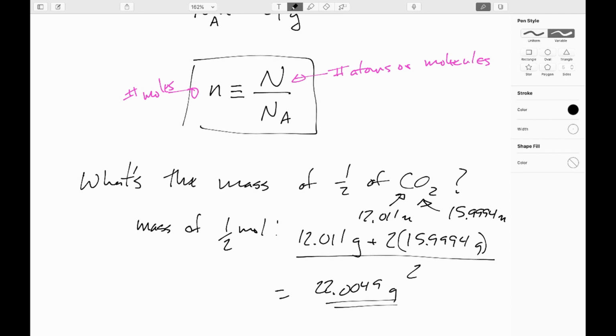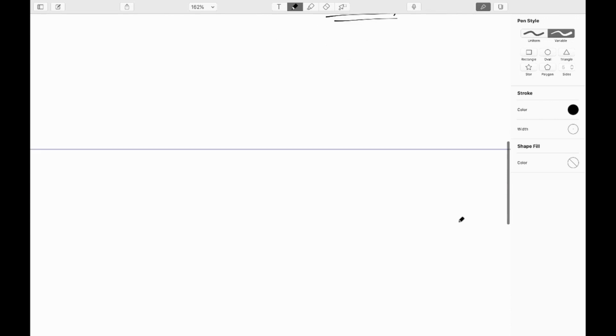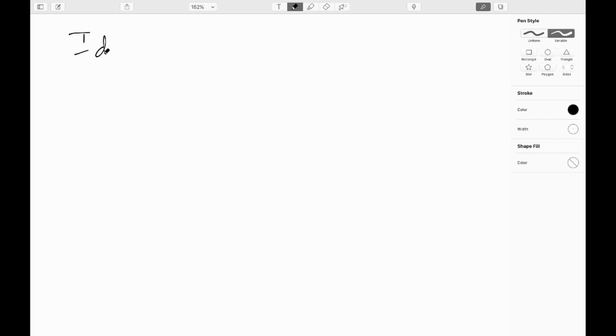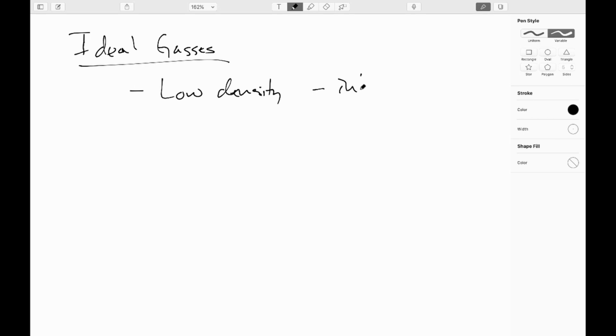So with that out of the way, we will segue into discussing ideal gases. The key assumptions are low density. So this means that molecular interactions will be primarily with the walls of the container.